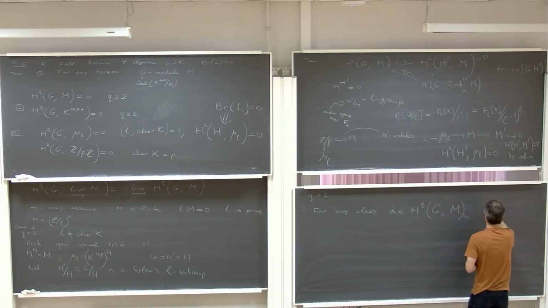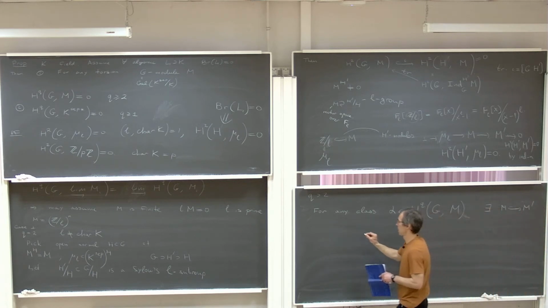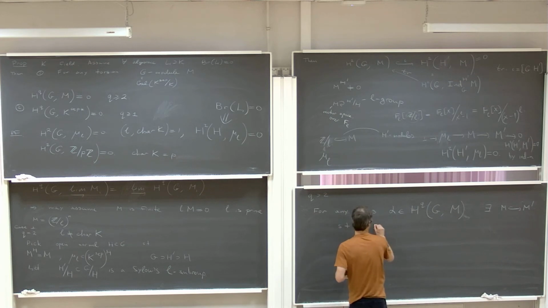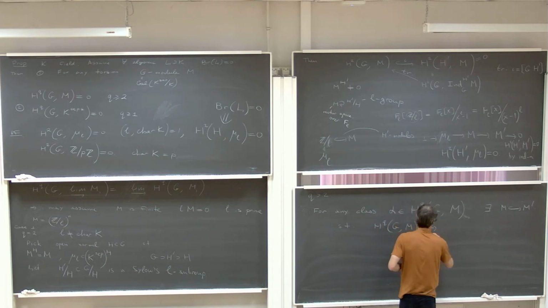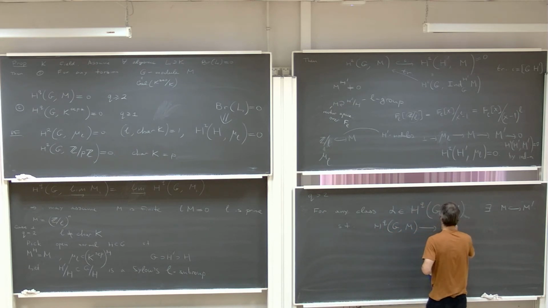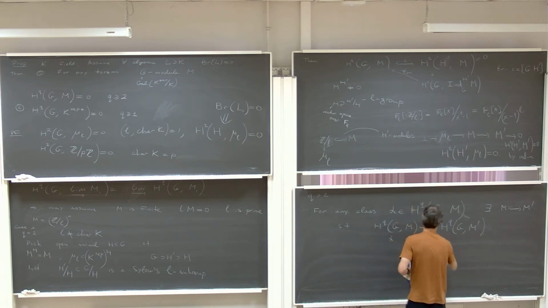there exists an embedding of M into M prime such that under the image it takes alpha to 0.